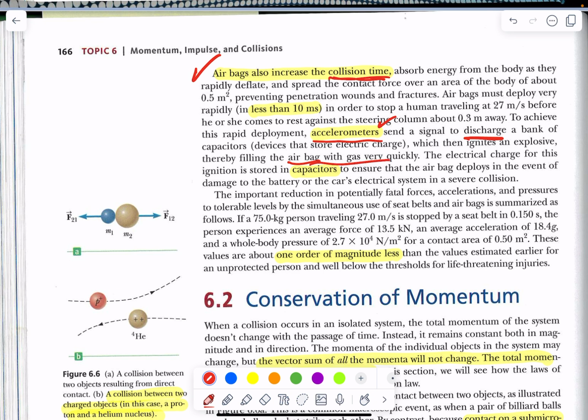And how do we store that electrical charge so we have instant ability to ignite the tank that's going to inflate the bag? We use a capacitor, which we'll talk more about when we get to chapter 16 in your text on electricity.